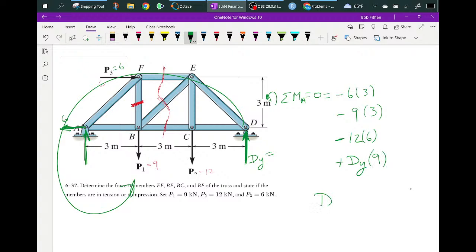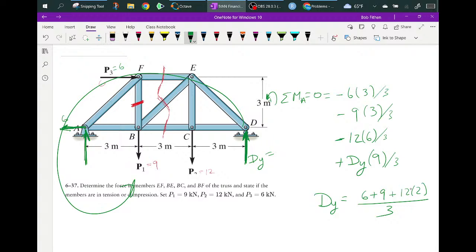And so dy is equal to, I don't know. If I divide everything by 3, this is going to look stupid, but 3, 3, 3, and 3. Then, moving the other stuff over, I'll get 6 plus 9 plus 12 times 2 over 3.